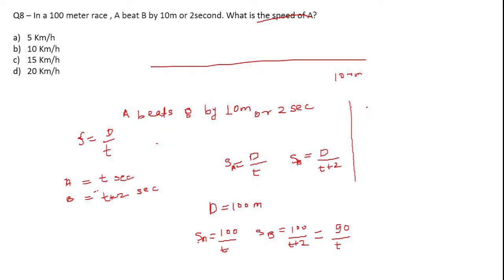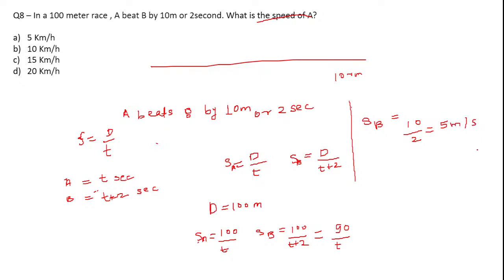According to the input, A beats B by 10 meter or 2 seconds, so speed of B is 10 upon 2, that is 5 meter per second.